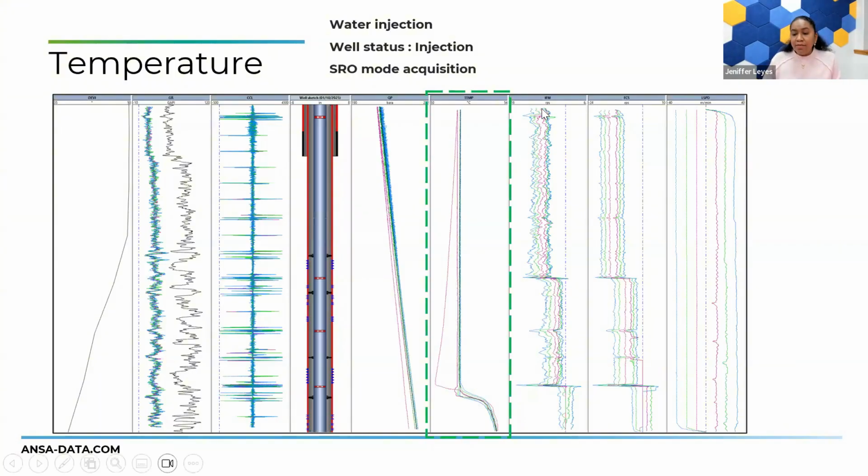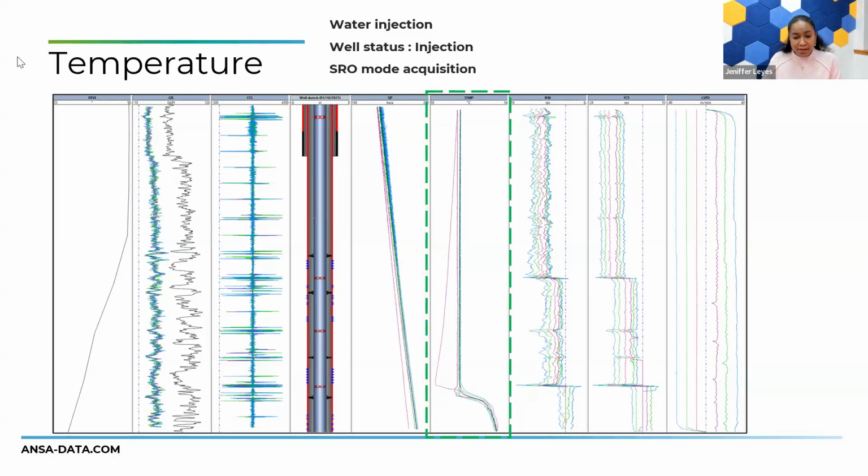In this case, we have a water injection well. Normally the temperature of the injection fluid is lower than the temperature of the formation into which we are going to inject these fluids. Because of this, the lower temperature takes more precedence within the temperature of the system.